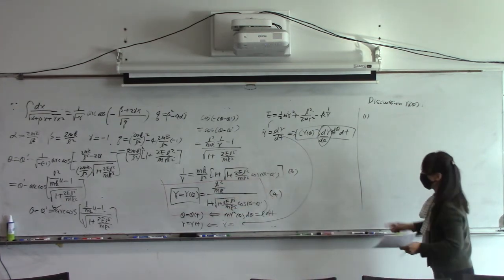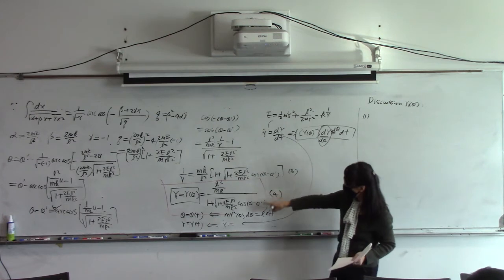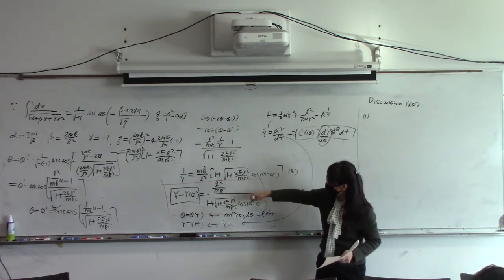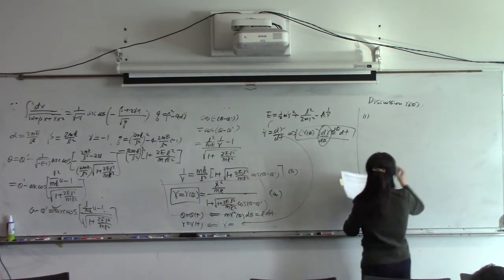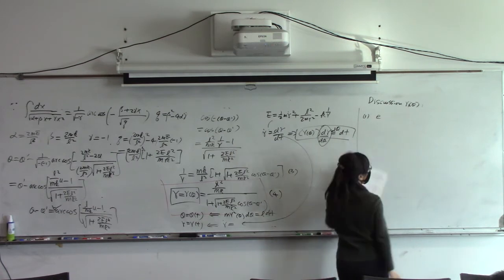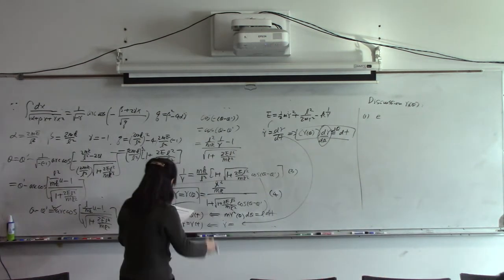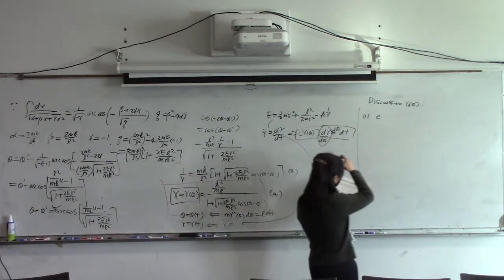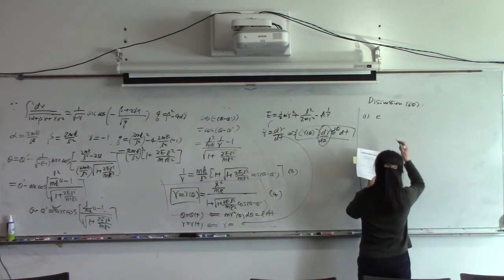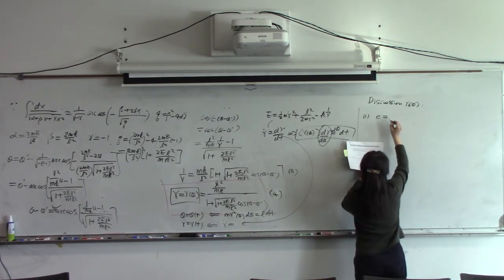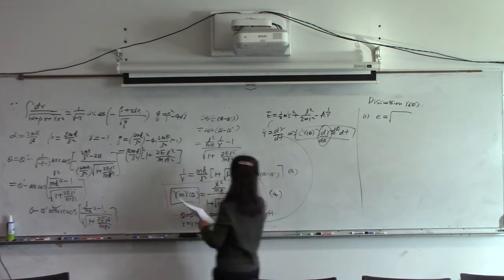So we want to make it easier to see the curvature of the orbital. We just introduce this E, and we know that E is the eccentricity.